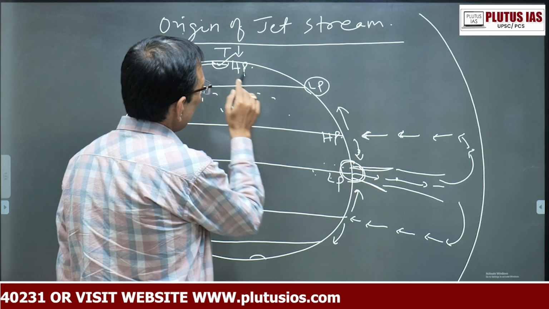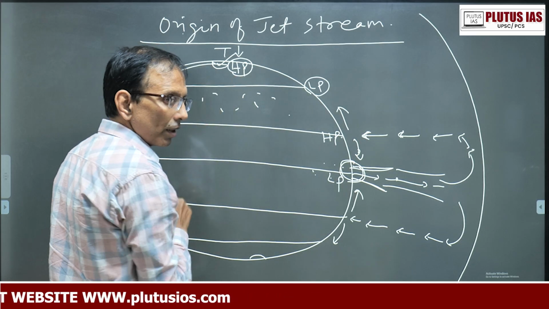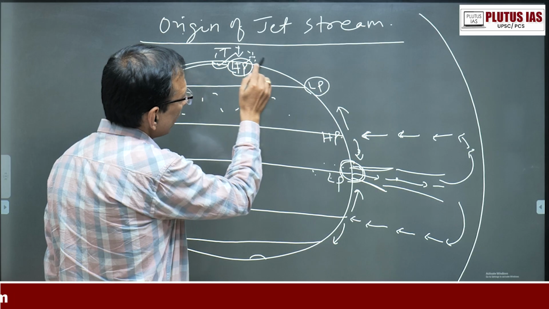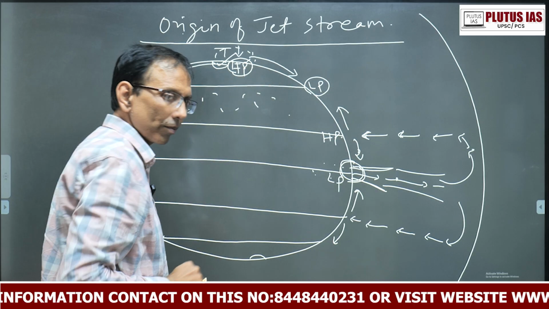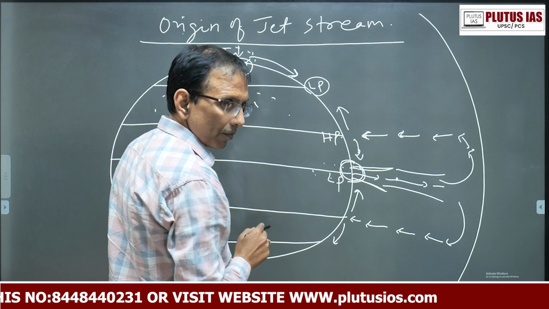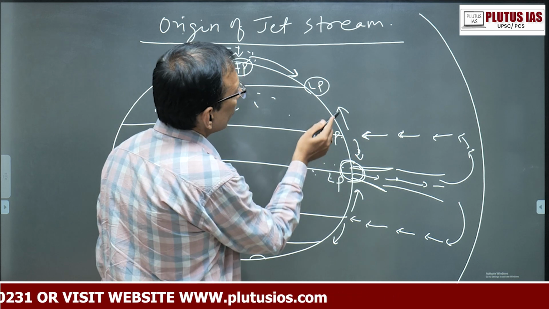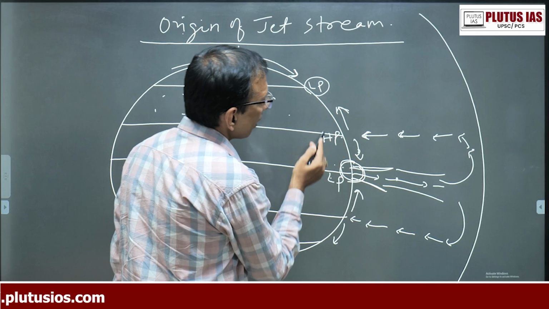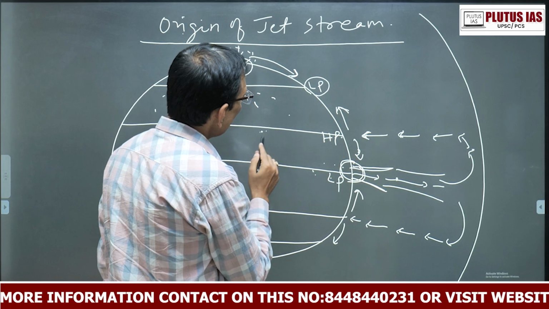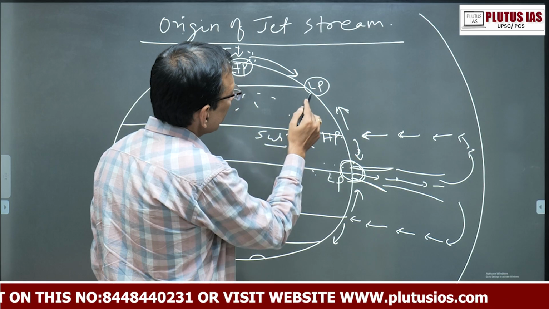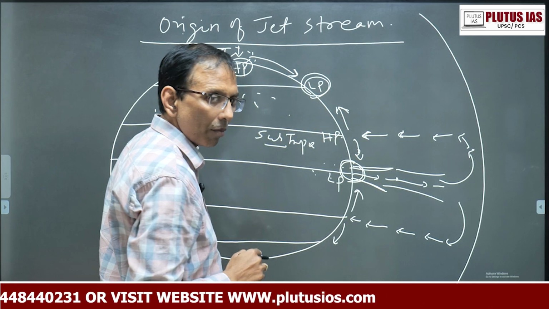Because of that low pressure, from this high pressure region where winds are accumulated, they have the tendency to move. When it reaches the low pressure region, some air coming from this high pressure region of the subtropic meets in the region of the subpolar.